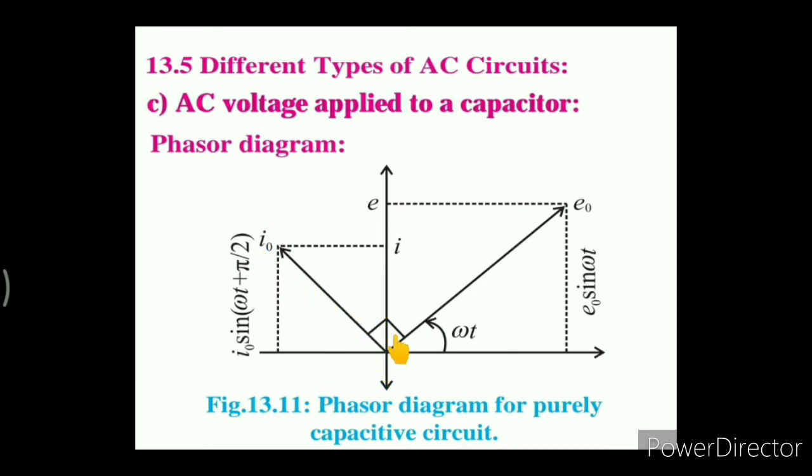And the length of the arrow here indicates the maximum value of the current, that is I0. And the projection of these phasors on the vertical axis gives the instantaneous value of EMF, which is E0 sin omega t, and instantaneous value of current, which is equal to I0 sin(omega t plus pi by 2).